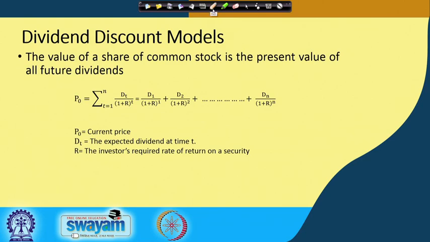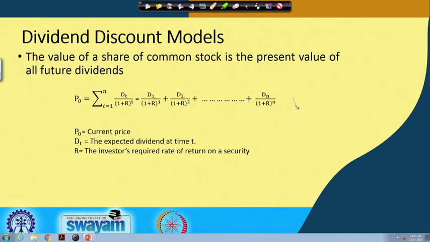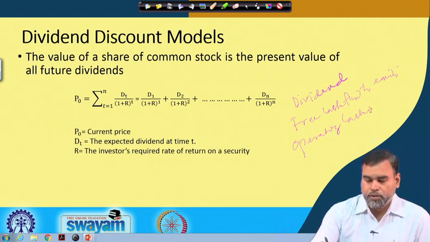These are basically one, your dividend; second, your free cash flow to equity; then we have the operating cash flow to the equity, or operating cash flow to the firm.